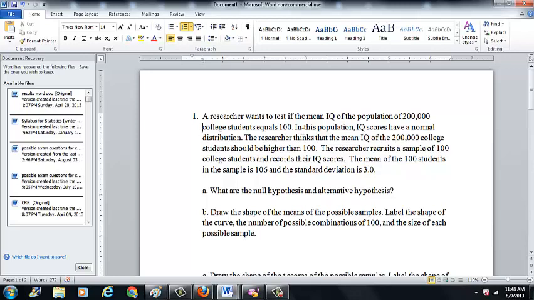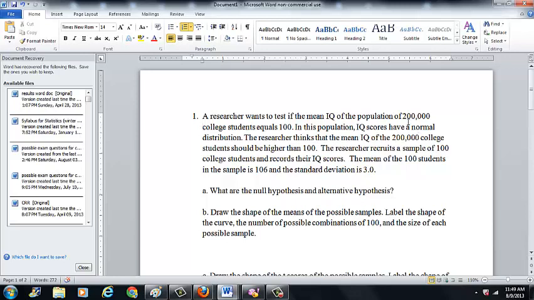And in order to solve the problem, you don't really have to know that. In order to do a hypothesis test, you don't really have to know the size of the population. You don't have to know that it's 200,000, but you do have to know this number to answer a few of the questions that are inside this question that I'm giving to you.